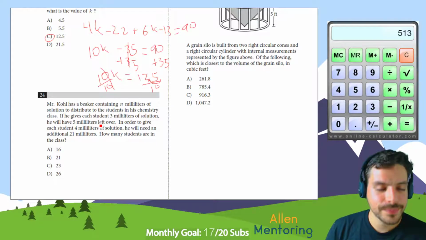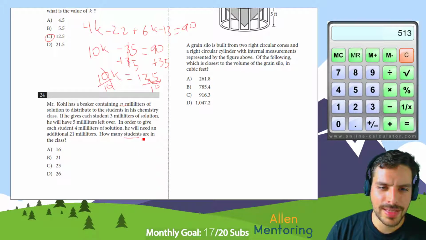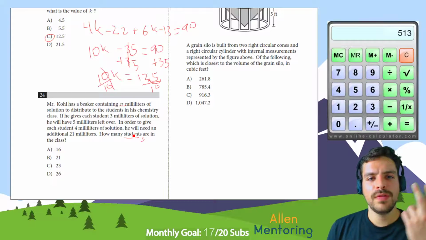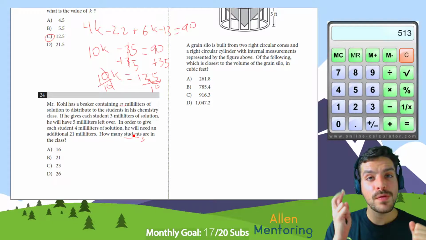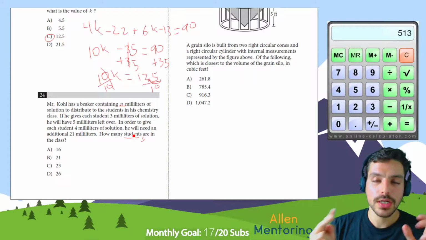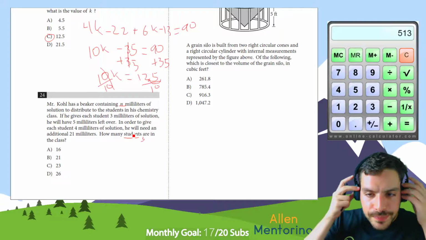Okay, so I see here that we have two variables, right? The first variable is n milliliters, and then we have how many students, and we can make that s. So we have two variables, and he gives us two different situations, which means we have two variables and two equations. So if we can set that up, we can solve for both variables.